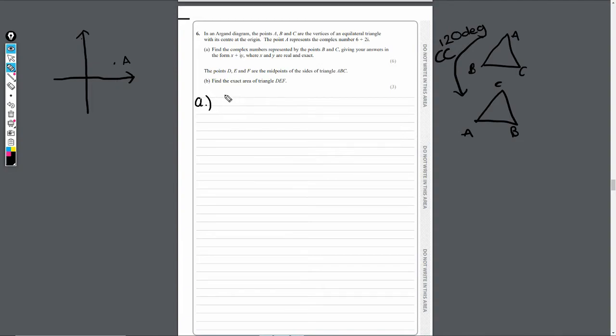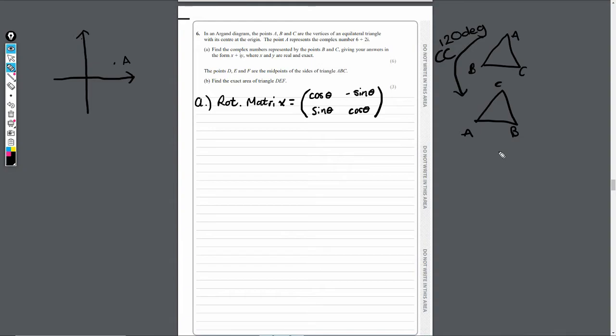So the rotation matrix will be equal to, remembering this, cos theta, minus sine theta, and then cos theta. And remember we're rotating this 120 degrees, and then to get the other point we need to rotate by 240, or you could rotate your last one that you worked out again by 120. Both will give you the correct answer.